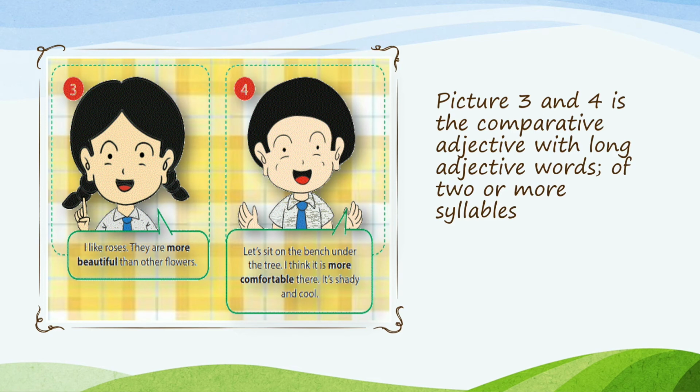Picture 3 and 4 is the comparative adjective with long adjective words of 2 or more syllables. There are more beautiful and more comfortable.